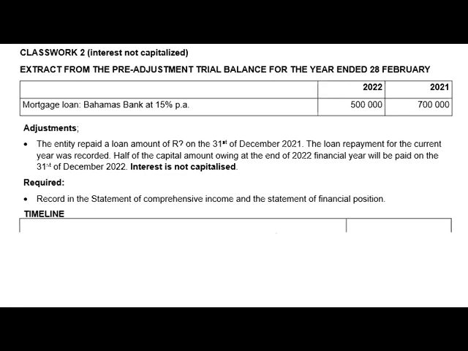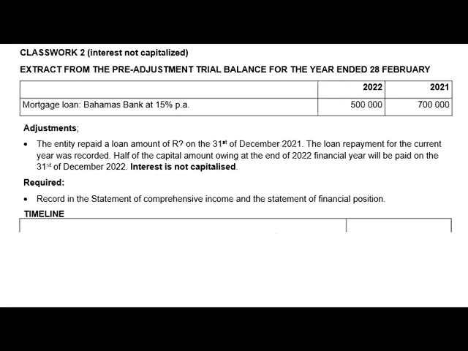The only reason that will cause your loan to decrease is when you have made a repayment. And indeed, here we actually repaid the loan amount of question mark on the 31st of December 2021. Half of the capital amount owing at the end of the 2020 financial year will be paid on the 31st of December 2022. Interest is not capitalized.